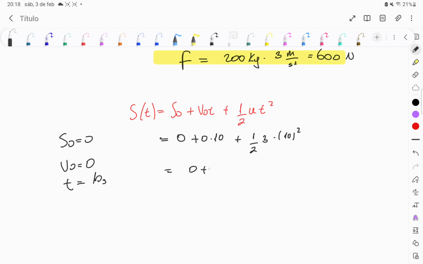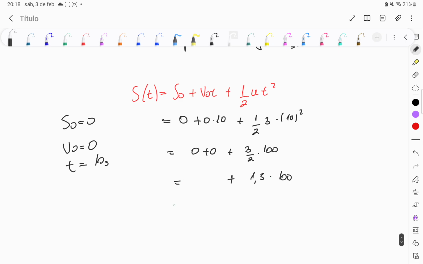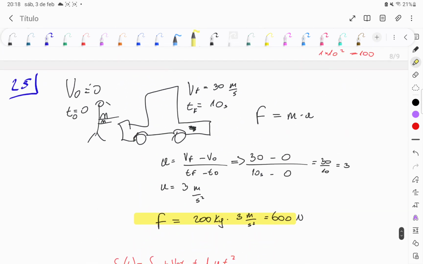So it's equal to 0 plus 0 plus 3 diviso 2 times 10 alla seconda, that is 100. 3 dividido 2 es 1,5, más 1,5 por 100, that is equal to 150 meters. So the distance that it moved is equal to 150 meters. Yeah, let's make a resume pretty fast.